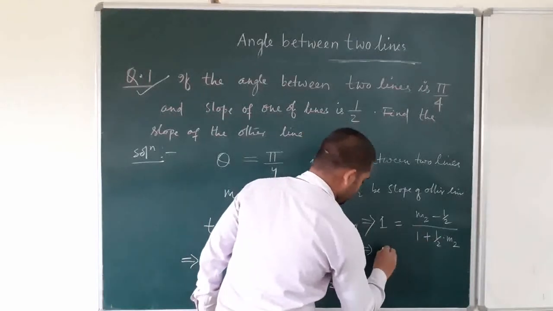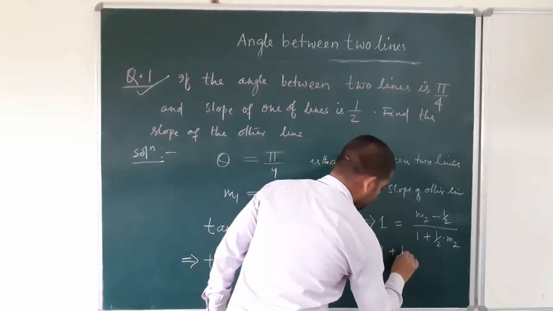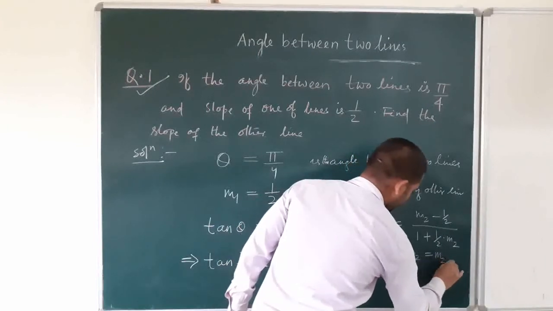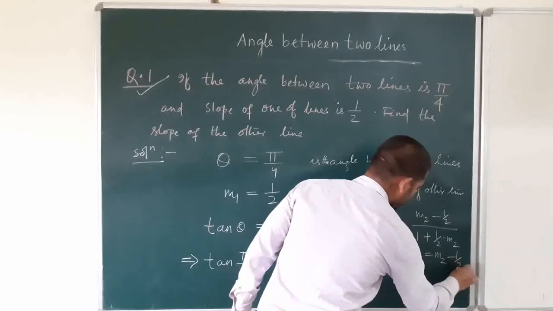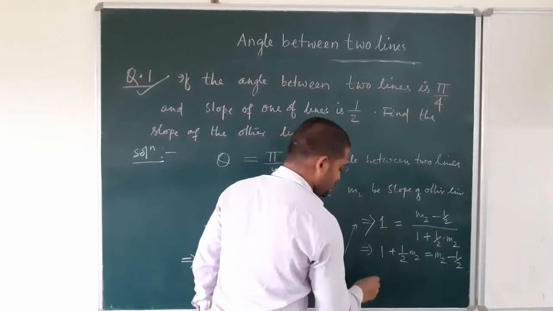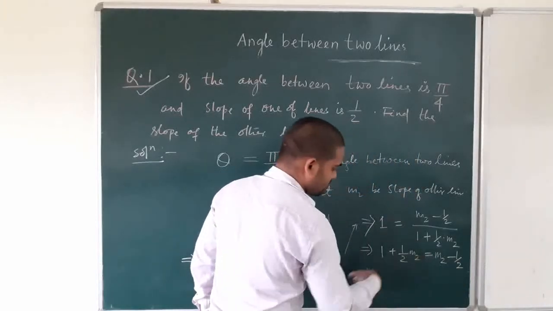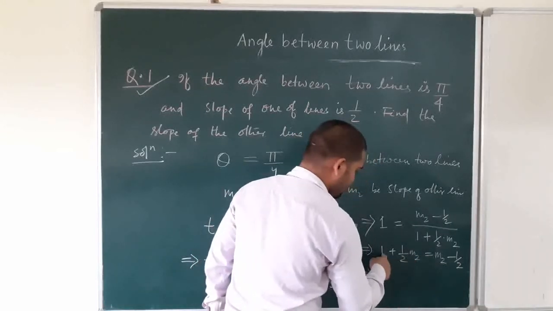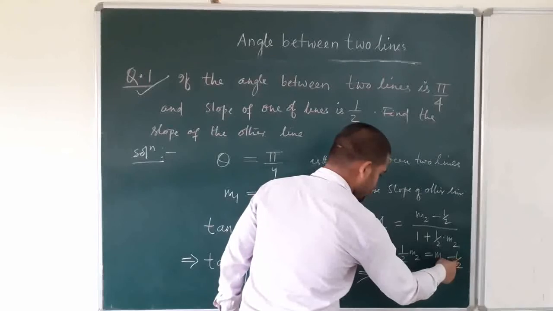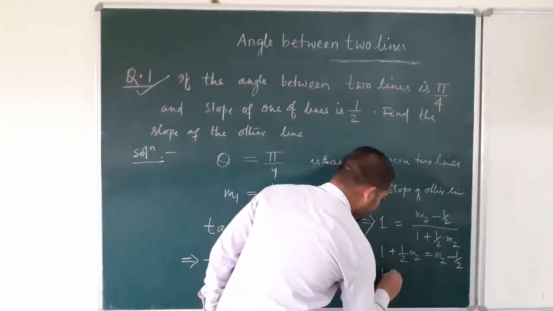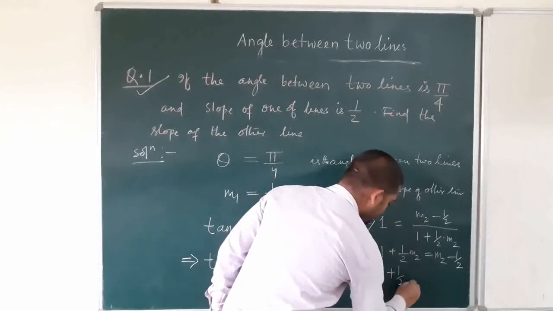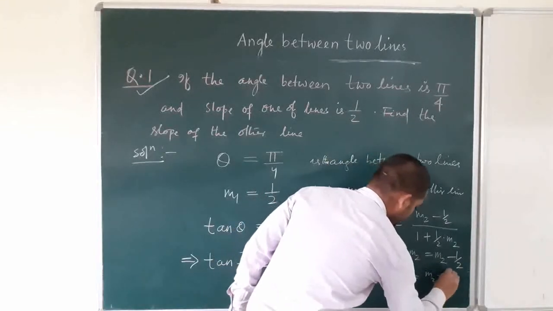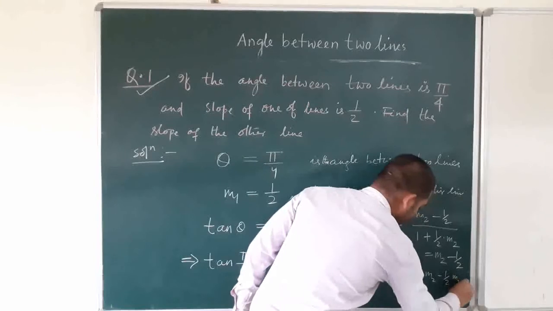Cross multiplication: 1 plus 1 by 2 M2 is equal to M2 minus 1 by 2. Now you simplify it, okay? You take 1 plus 1 by 2 to the left side, then M2 minus 1 by 2 M2.